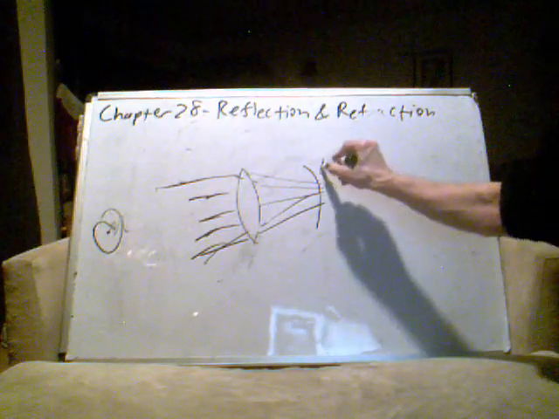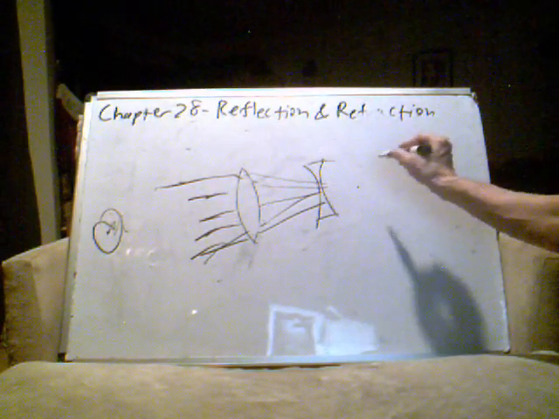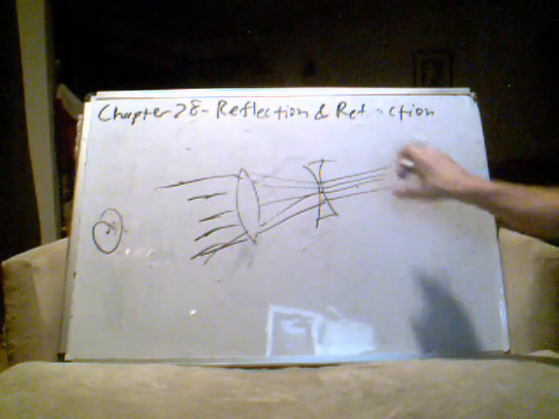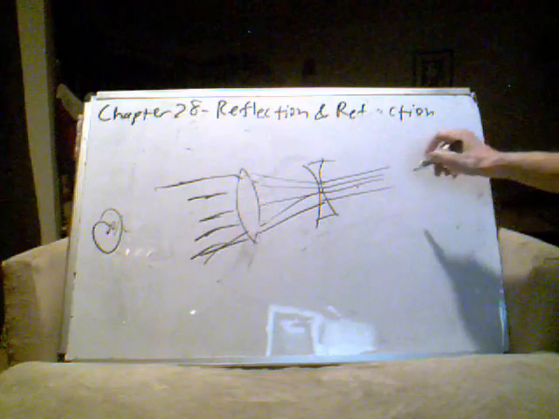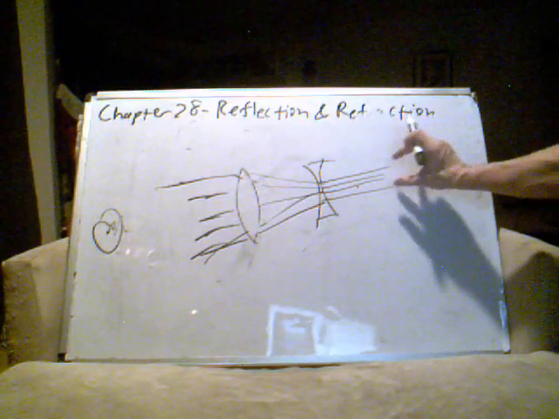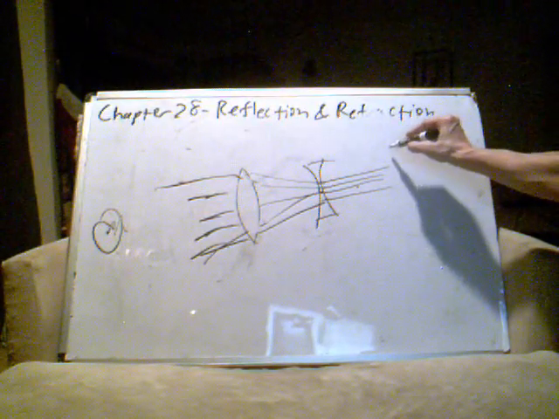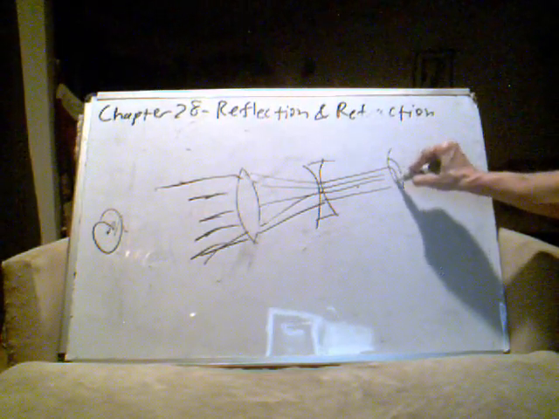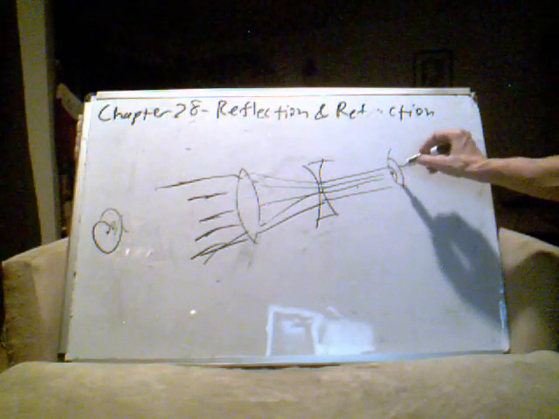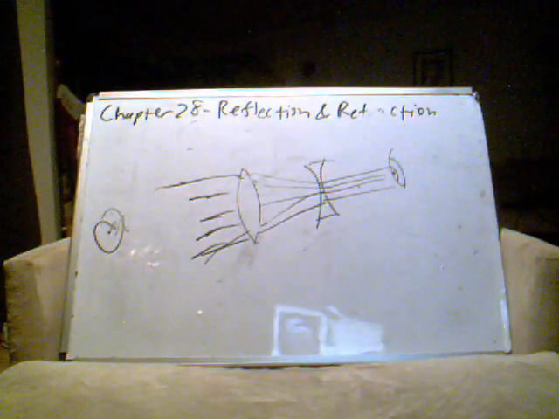Now if you put a diverging lens here so that it doesn't quite focus down to a single point and instead diverges the beam again, what you have here is outgoing parallel light. And so if you put your eye up to that, you can see whatever was at this light source.